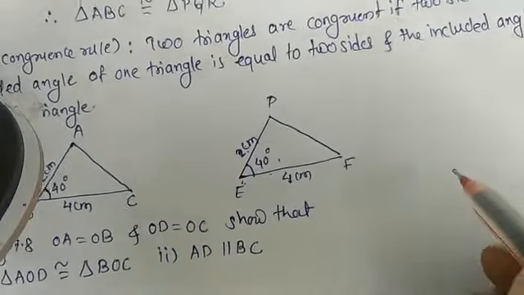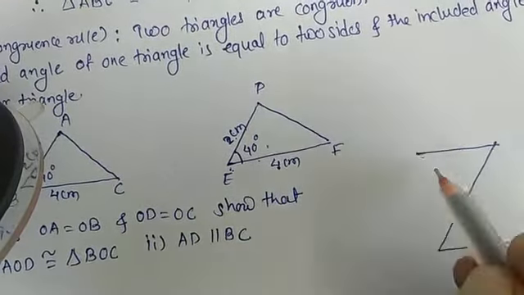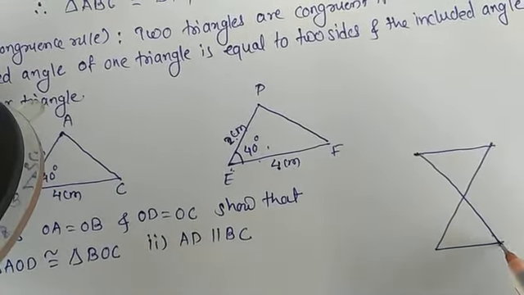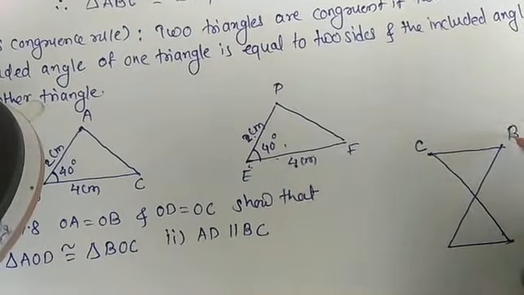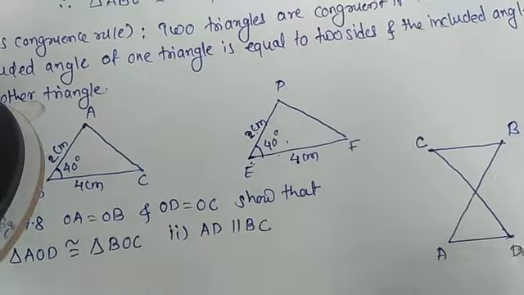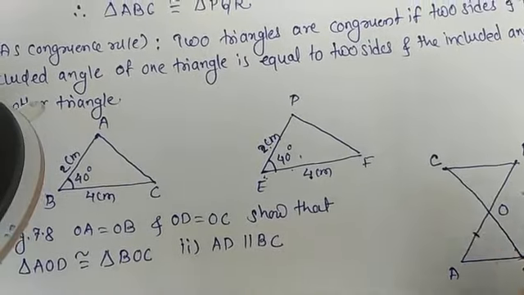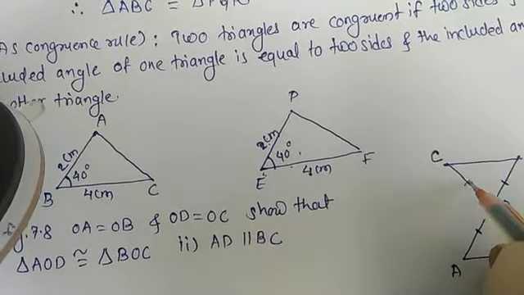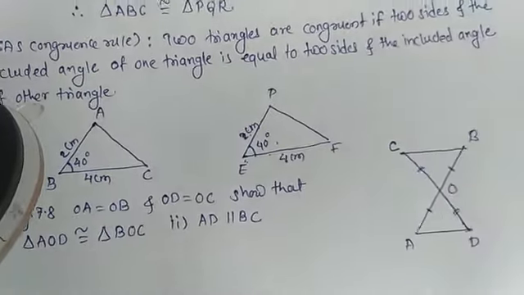We have been given a figure here in this way, with points C, B, A, D and O. AO is equal to BO and CO is equal to OD, which is given.